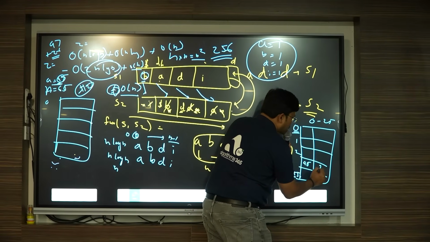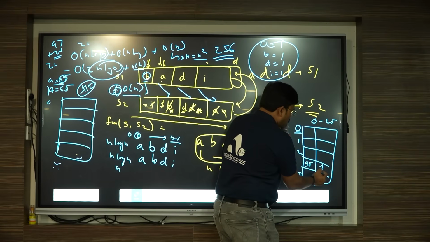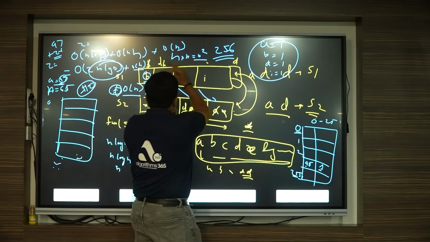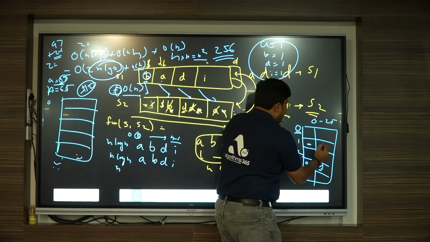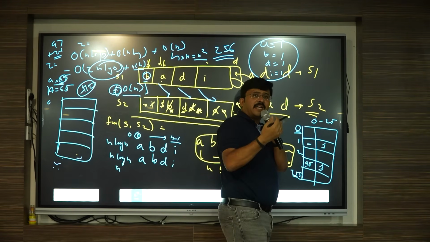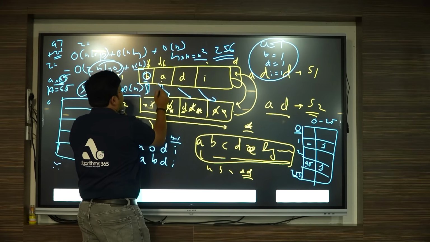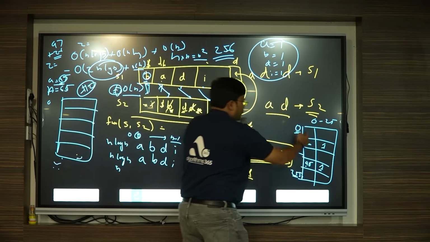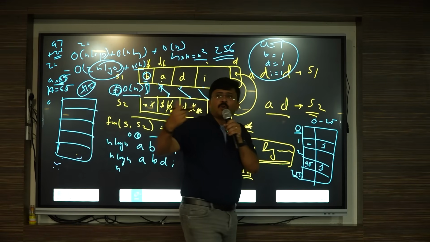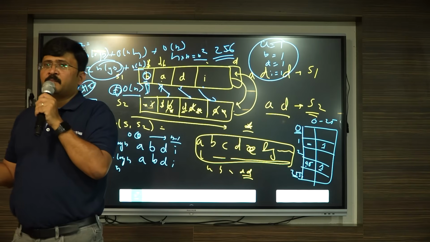I will increment the value at this index to 1. And again I will go to the next value and go to that index and increase the value by one. So by doing like this, when I am reading these characters, B, A, D, I am going to this table and increasing the count of that character.